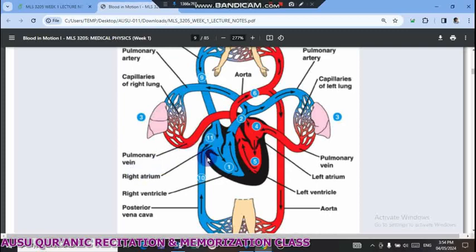You have the right atrium here and the left atrium here. After the blood has transported oxygen and nutrients to all body parts, it comes back to the heart through the right atrium, and then it enters down to the right ventricle, and then the cycle starts. That's why they put number 1 here.